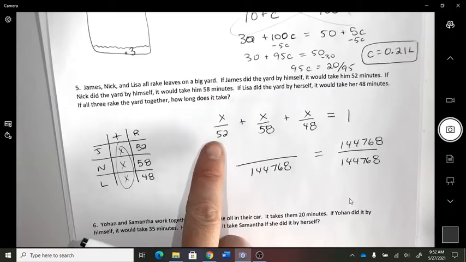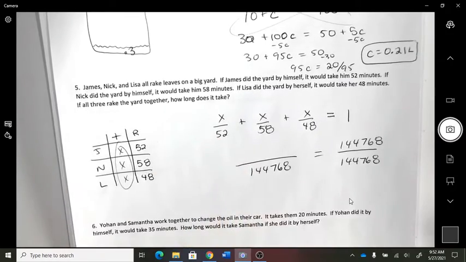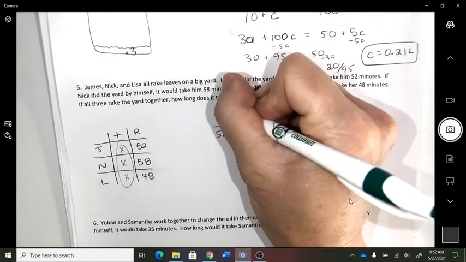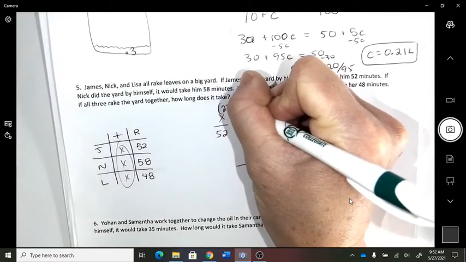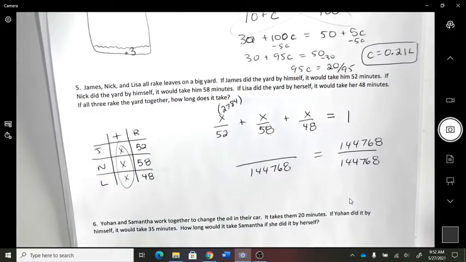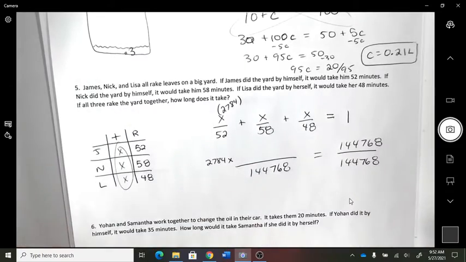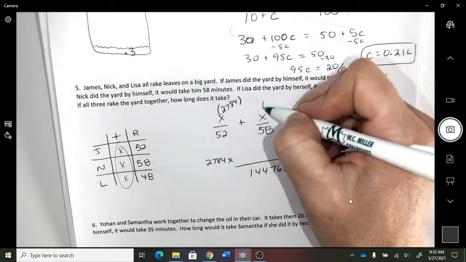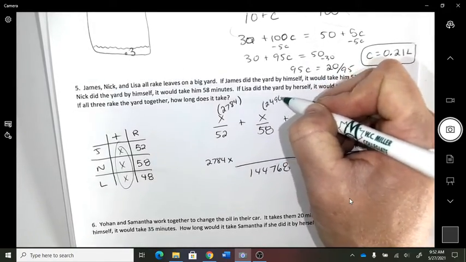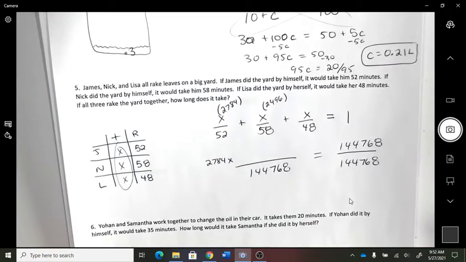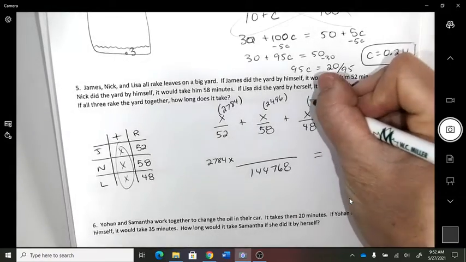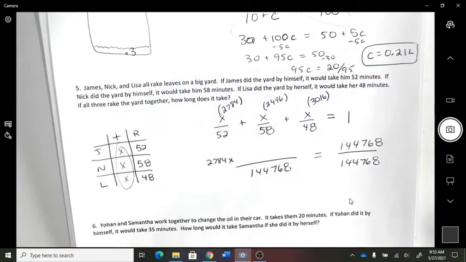Okay, so figure out this divided by 52. I'm going to have to times this by 2784. I'm going to have to times this by 2496. And I'm going to times this by 3016.